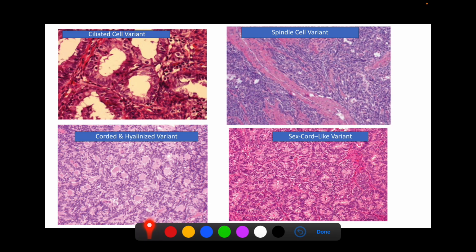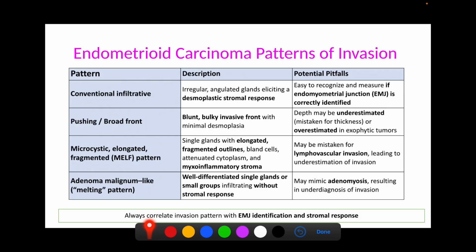Here corded and hyalinized, so these are the cord-like arrangement of the tumor cells, and centrally here we can find hyalinized material deposition. And in this sex cord-like variant, these are the tubules and here the nest-like pattern arrangement of the cells.